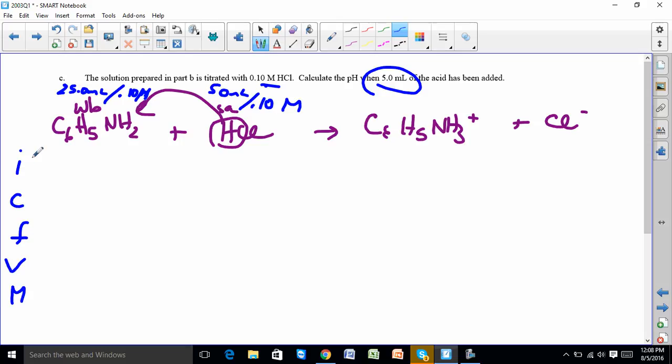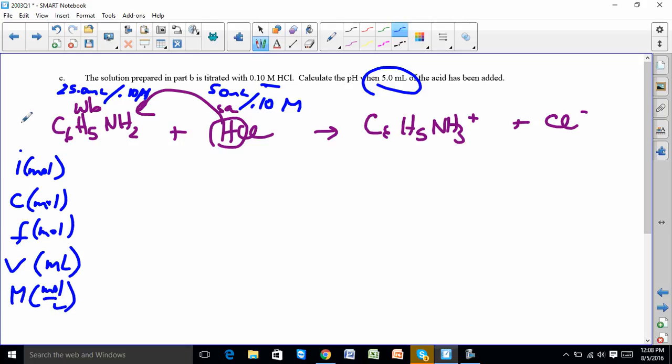And so what happens is, now this is an ICF-VM. I'm going to give you this in milliliters, but then remember molarity is moles per liter. So when we do this, this is a really tough problem, and this is what you're supposed to use anytime you do a titration problem.